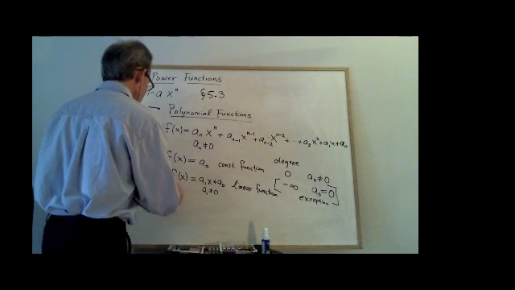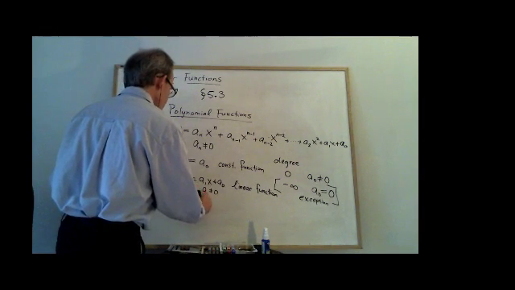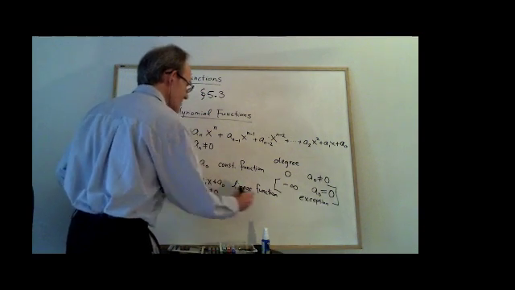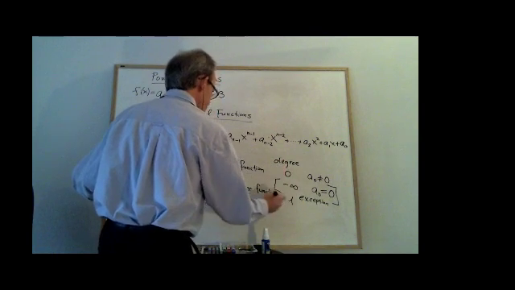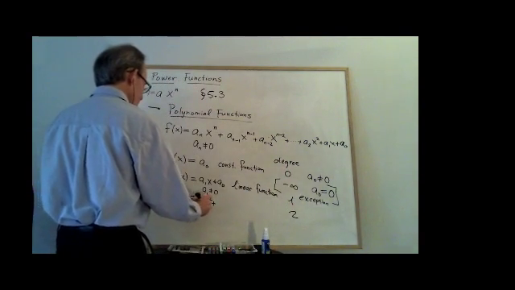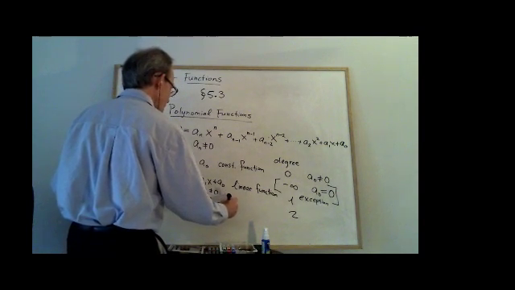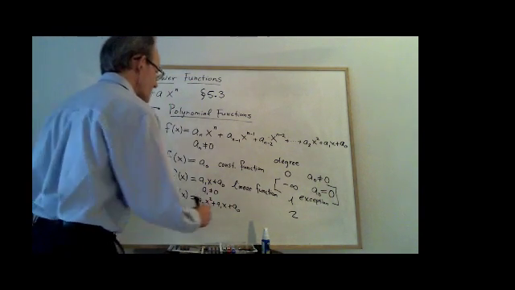Those cases we've seen before. And then this case is the quadratic case, n equals 2. The degree of the linear function is 1, and the degree of this will be 2: a2 x squared plus a1 x plus a0. That's a quadratic function.